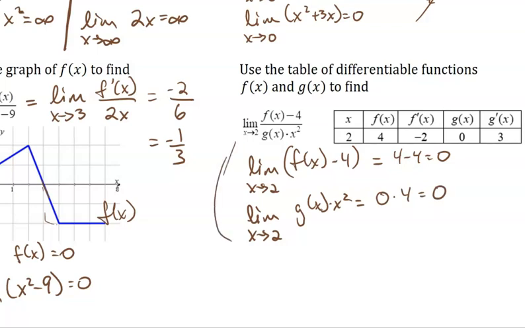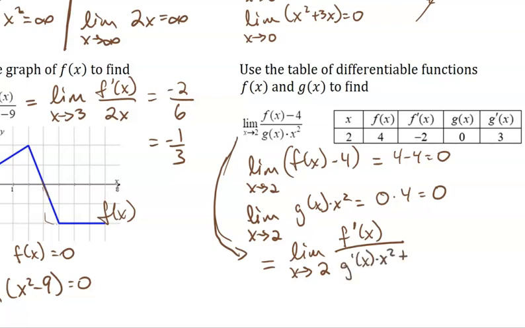Okay, so let's come down here. So therefore, by L'Hopital, limit as x approaches 2, I'm taking the derivative of my numerator, which is f prime of x minus 0, over, what do I need to use here? Yep, the product rule. So I have g prime of x times x squared plus g of x times 2x.